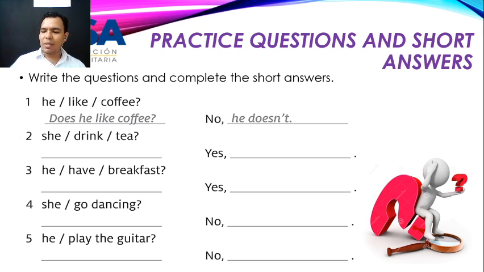Yes, comma, subject, and the auxiliary. But for negative, we tend to use contractions, like in example number one. No, he doesn't. No, she doesn't. No, I don't. No, they don't. No, you don't. Remember this and complete the exercises, please.